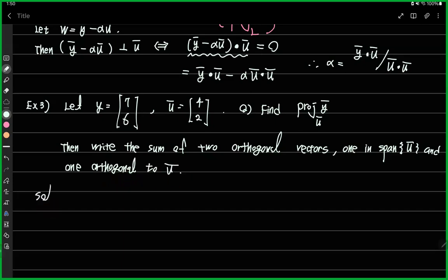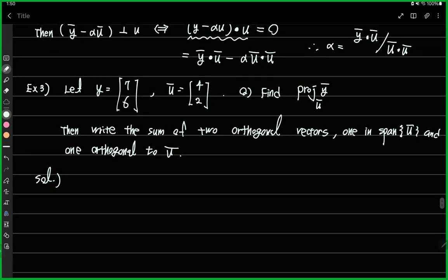So here's a solution. Let's find the projection first. The orthogonal projection of vector y onto vector u is equal to y dot u over u dot u times u.